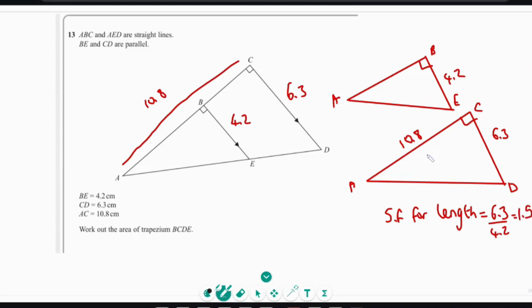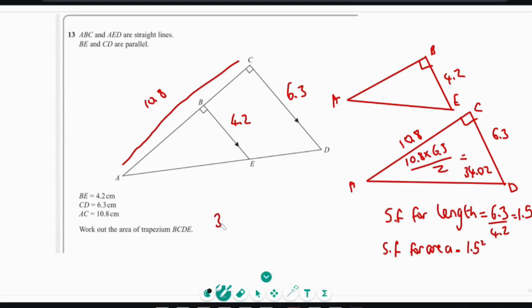We can work out the area for this bigger triangle because we have the base and the height of our triangle. 10.8 times 6.3 divided by 2 is 34.02. Scale factor for area is 1.5 squared.